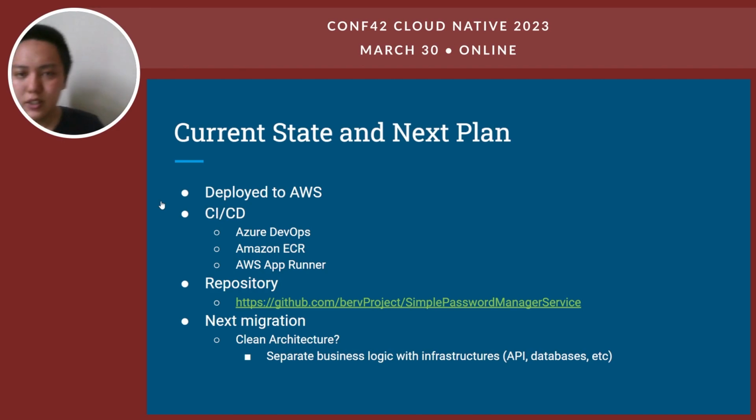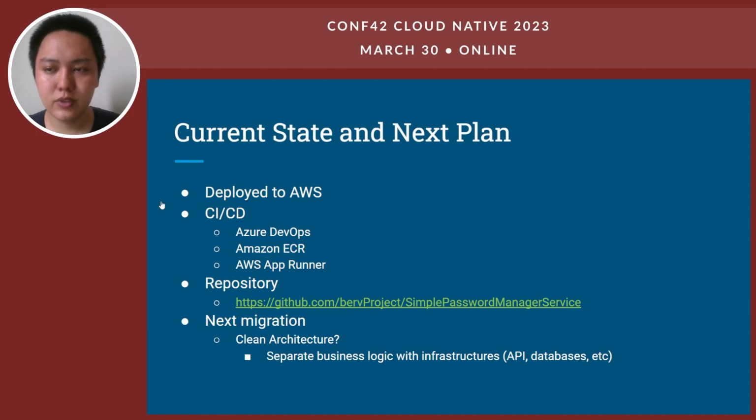So, the current state: the application is already deployed to AWS. I'm using Azure DevOps for the pipelines. I'm using Amazon ECR to host the Docker image. The web app is containerized using Docker, and I push the Docker image into Amazon ECR.